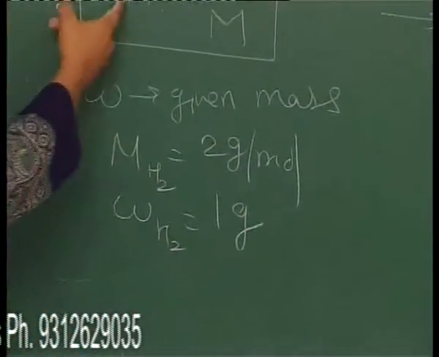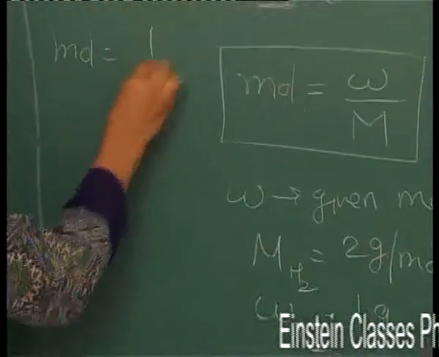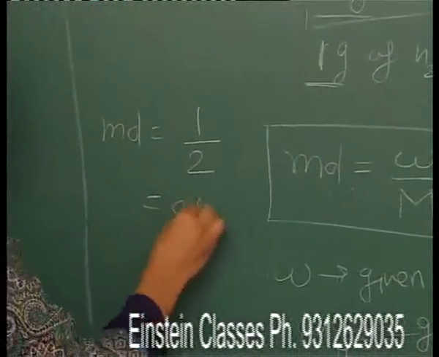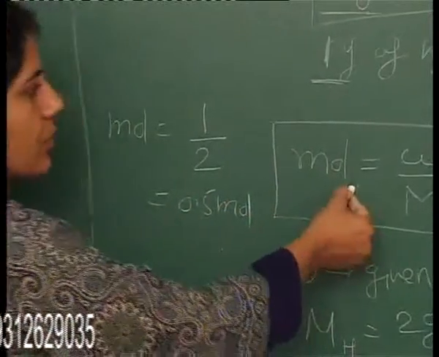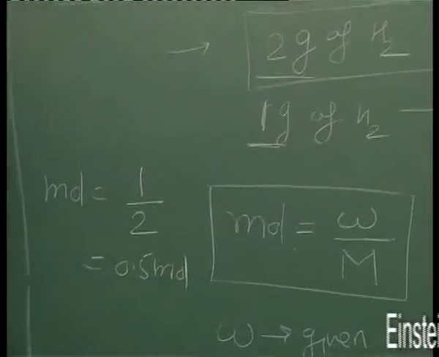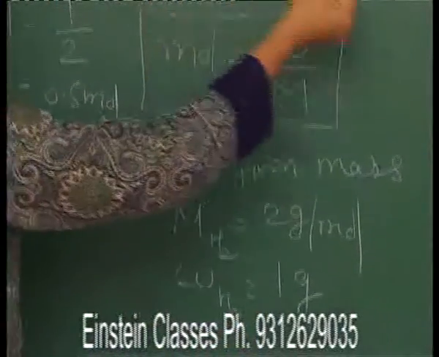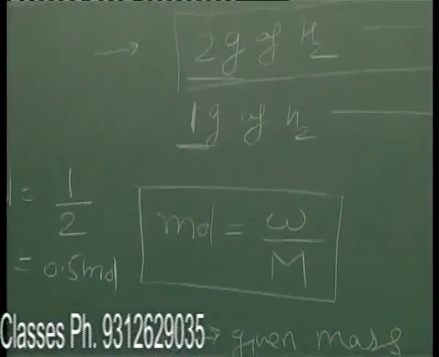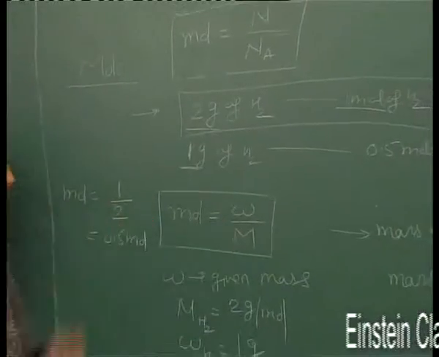Then what is the number of moles? We can calculate mole as 1 by 2, that is 0.5 mole. So we can calculate by the use of this formula, or with the conceptual relation that 2 gram is equivalent to 1 mole, then 1 gram of hydrogen is equivalent to how many moles, or simply by using mole is equal to given mass by the molar mass.